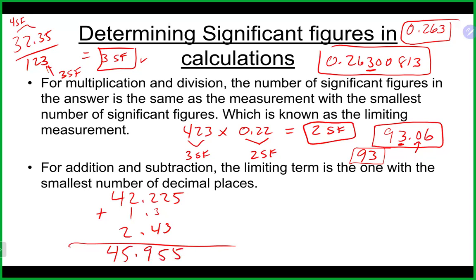Here we're looking at decimal places. This has 3 decimal places. This has 1 decimal place. This has 2 decimal places. Smallest is 1. We would go here. Interesting choice of numbers there. We would look at the next number here, by the way, and we would need to do some rounding, right? Which means I actually would then need to, in this example, round a little bit more that way, right?